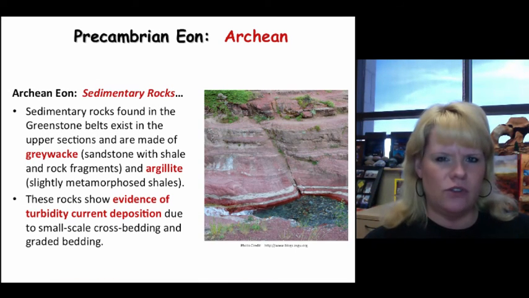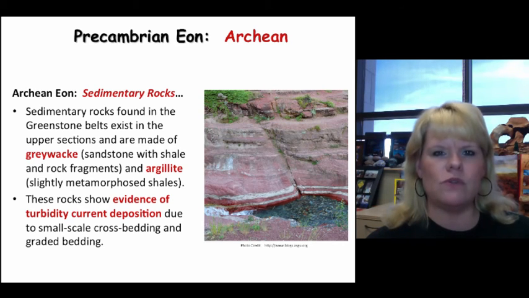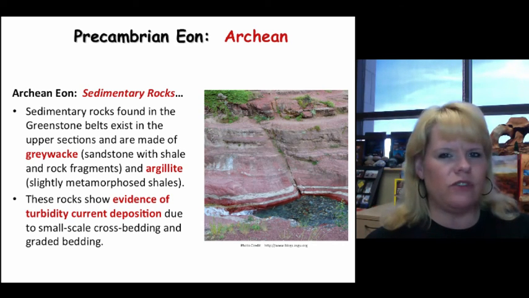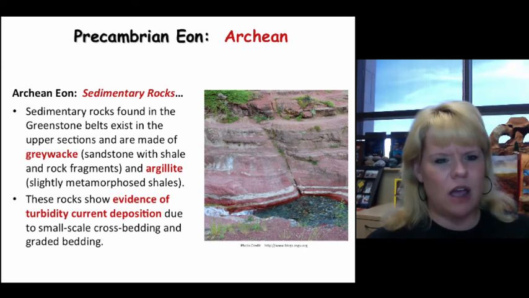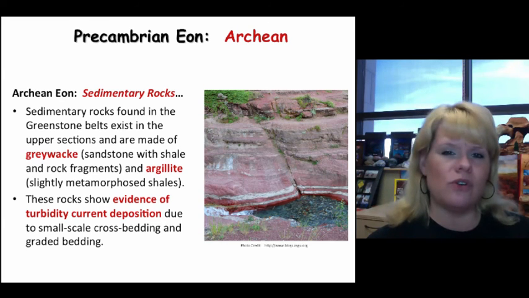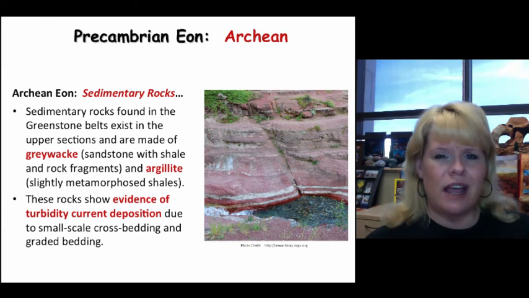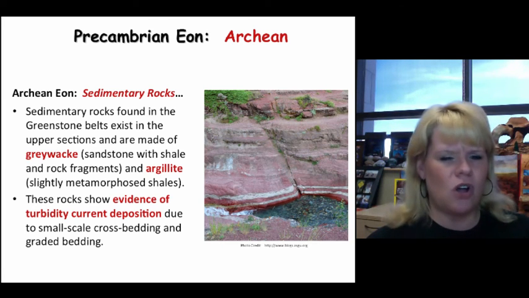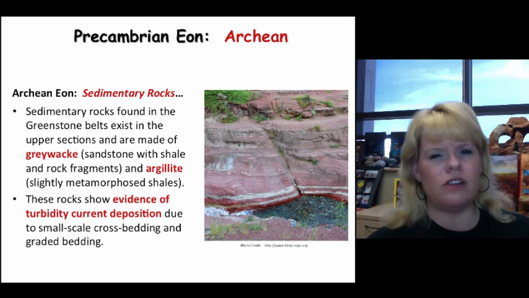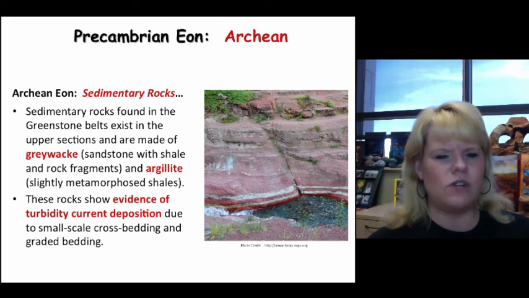So if you recall the sedimentary section of greenstone belts, this is the upper region of Archean greenstone belt areas. They're made up of two dominant rocks in the sedimentary section: graywackes, which are sandstones that have both small grains and big grain fragments of sand, and then argillites, which are metamorphosed shales that have just slightly been metamorphosed.